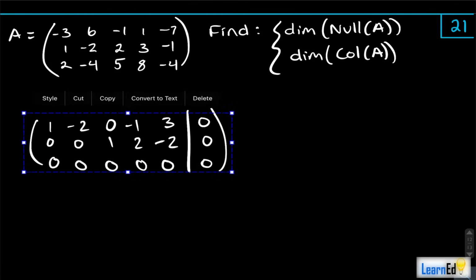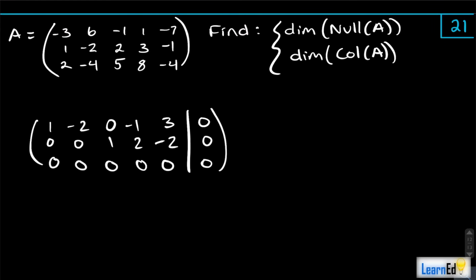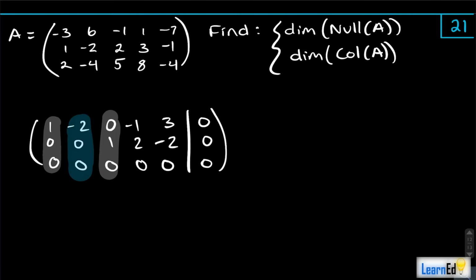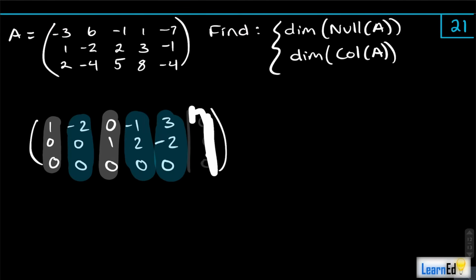Here's something interesting, and we'll talk about this a bit more with the rank theorem. What we have right here is 2 non-free columns and 3 free columns, and we can take away this augmentation with 0, because that doesn't matter.